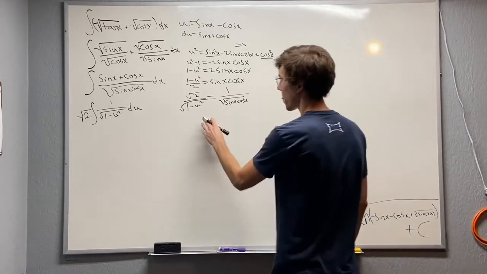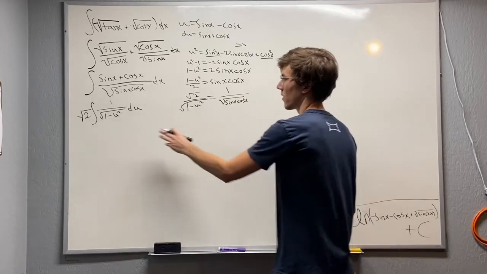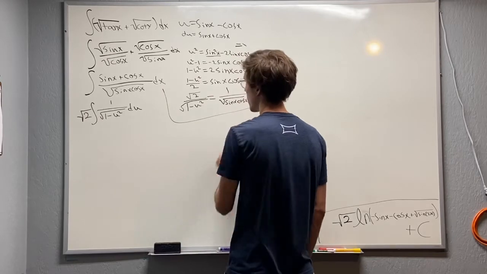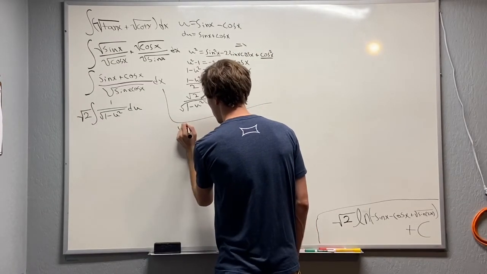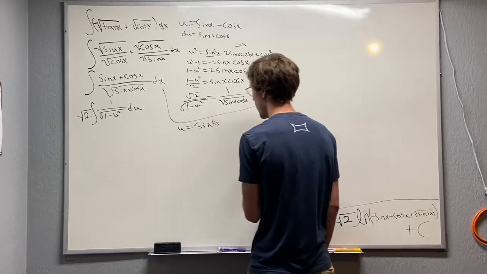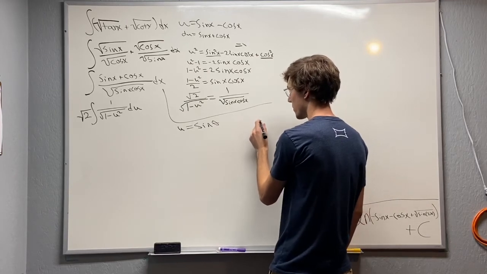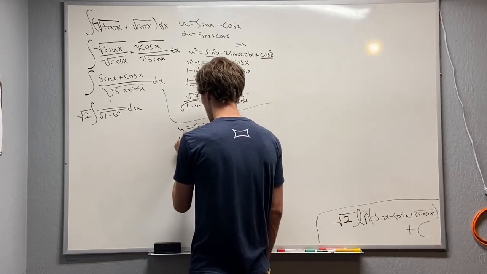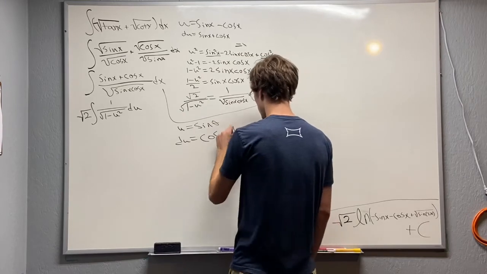So for this one, let's do the trig sub down here. So the u is going to be equal to the sine of theta, because we're kind of thinking cosine. And so the du is going to be equal to the cosine of theta d theta.